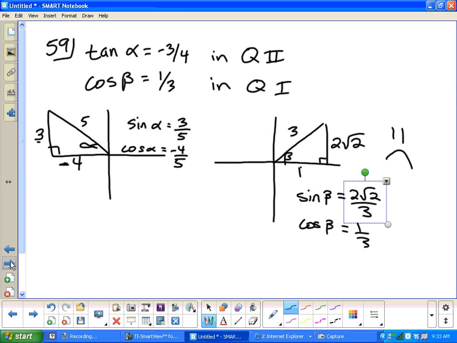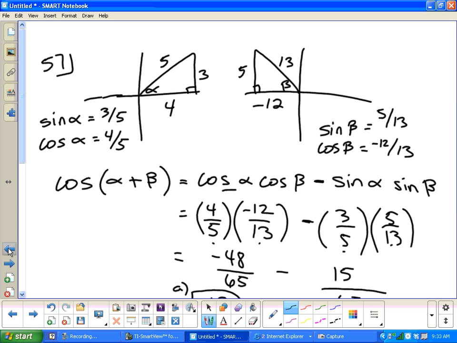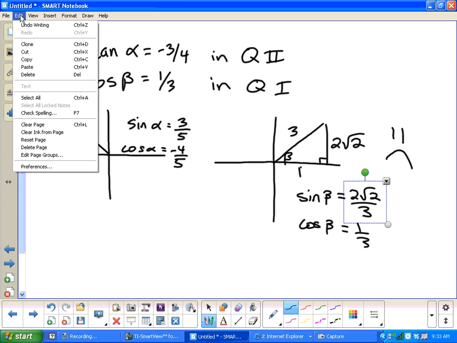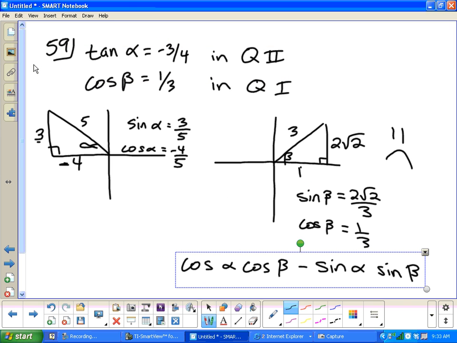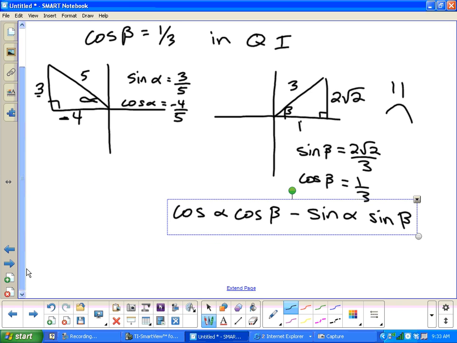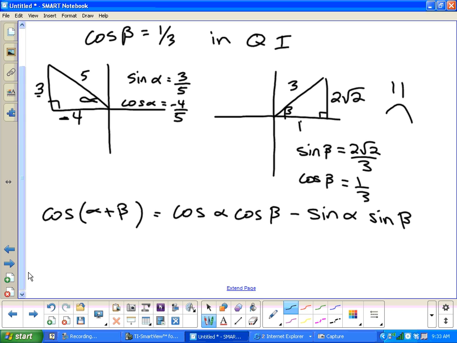Alright. Now, hang on. Alright, let's find cosine of alpha plus beta. Okay, so let's fill it in.